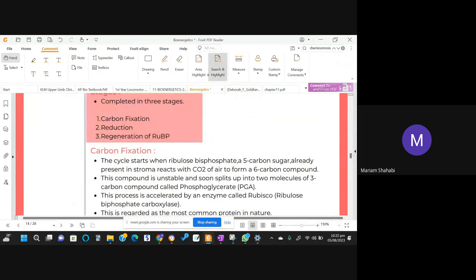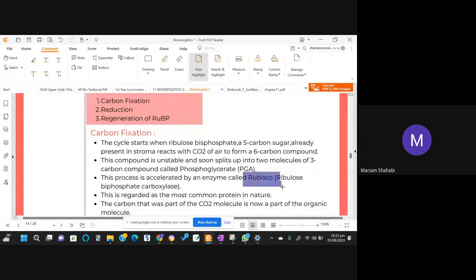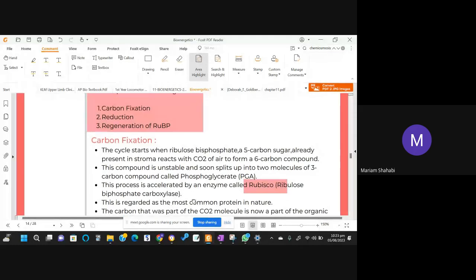So yeah, the Calvin cycle starts when ribulose 1,5-bisphosphate, a 5-carbon sugar already present in the stroma, reacts with CO2 to form a 6-carbon compound. This compound is unstable. It splits up into 2 molecules of 3-phosphoglycerate, and the enzyme Rubisco, regarded as the most common protein in nature. Yeah, so I was right.